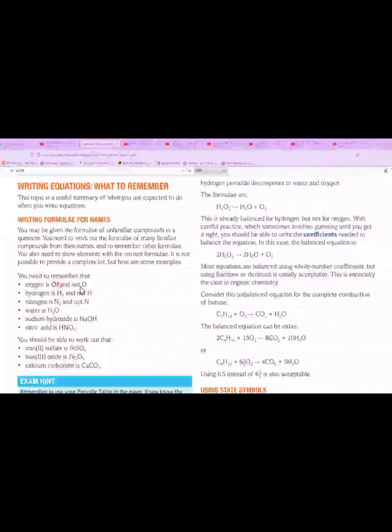You have to write it down completely. Now you should be able to work out iron sulfate. Why is it iron(II) sulfate here? Because SO4 requires 2 electrons, and iron donates 2 electrons to it, so we call it iron(II) sulfate. Likewise, iron(III) oxide is Fe2O3.